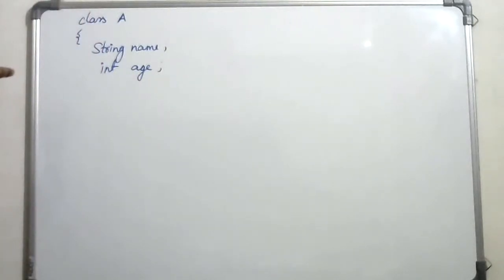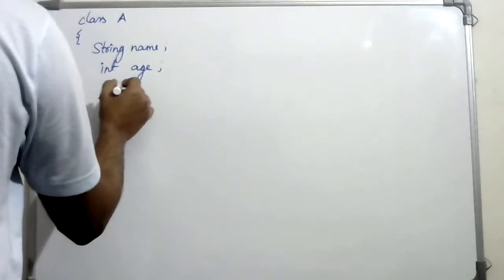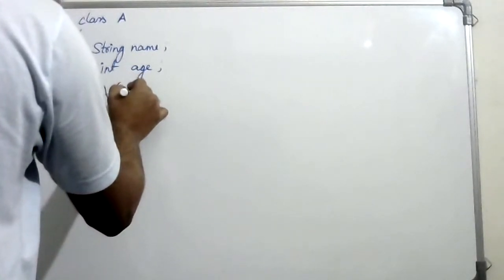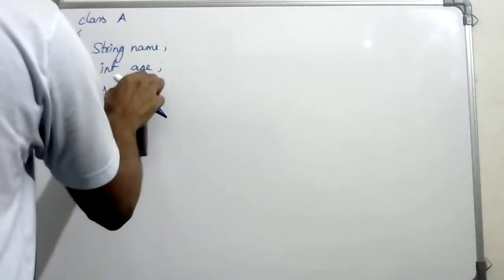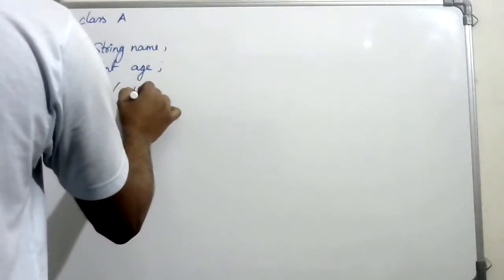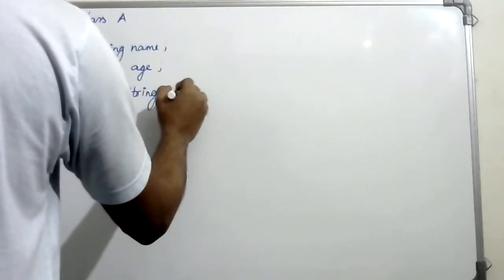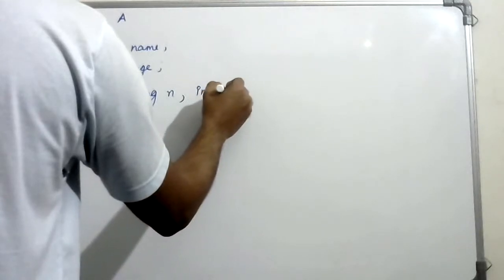Now instead of defining a default constructor, I'm going to write a parameterized constructor. This constructor will have parameters: string n, int a.